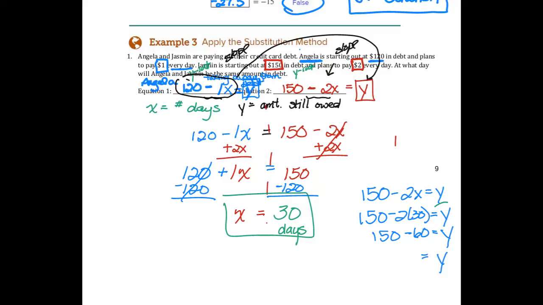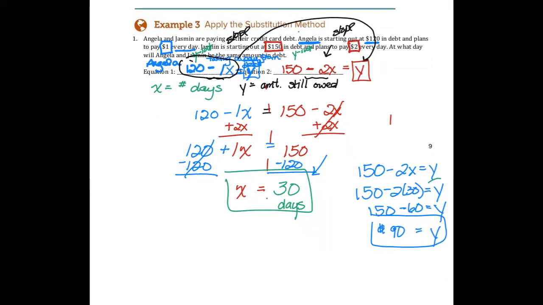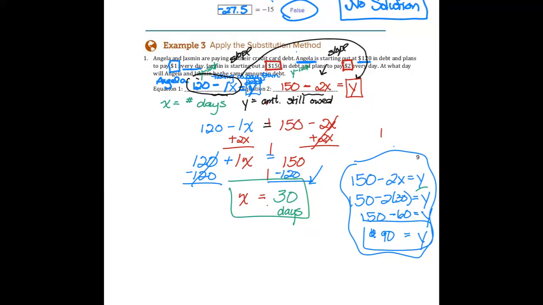So y is equal to 90. So after 30 days of Angela paying down $1 and Jasmine paying down $2 a day, they will both owe only $90. Okay? Did you have to find this? No, you didn't have to find this. But you can if you go one more step. Questions on that example 3?